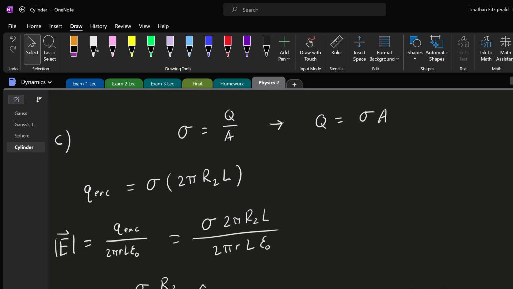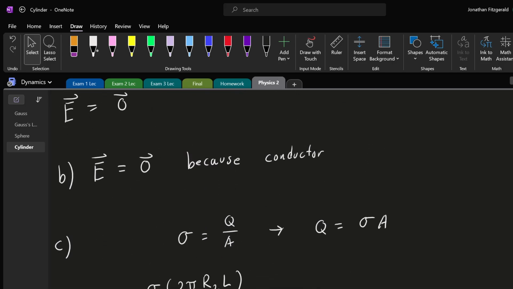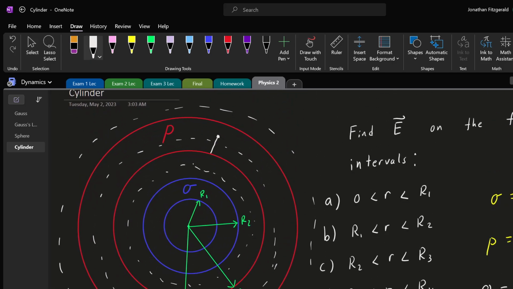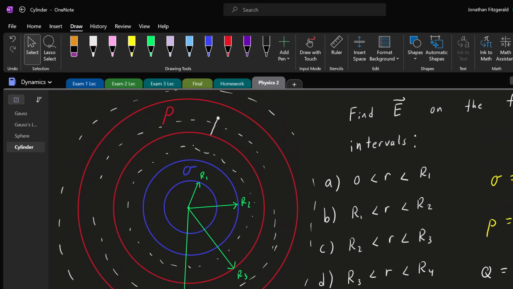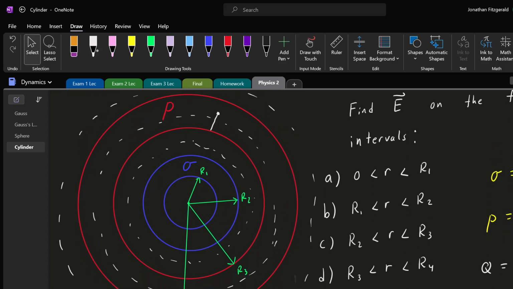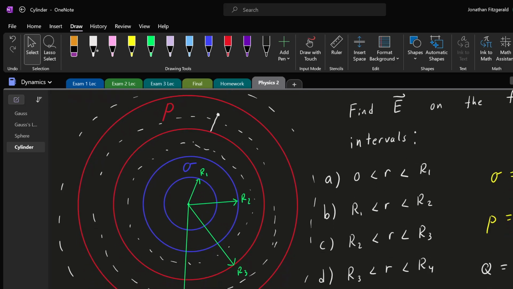Well, we're still definitely enclosing the sigma charge from before, and we're now enclosing all of this rho charge. The only difference with this charge enclosed from the last one is that it doesn't matter what our little r is in this case, because our little r is always greater than R4. It's always going to be beyond it.